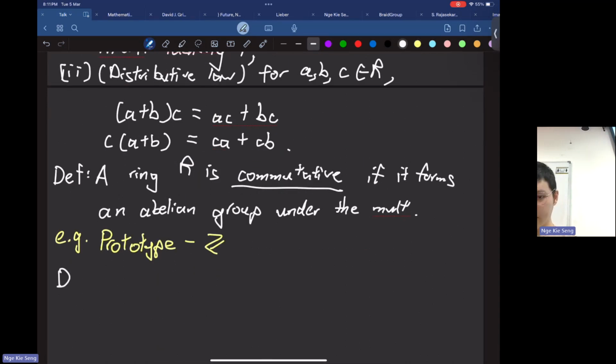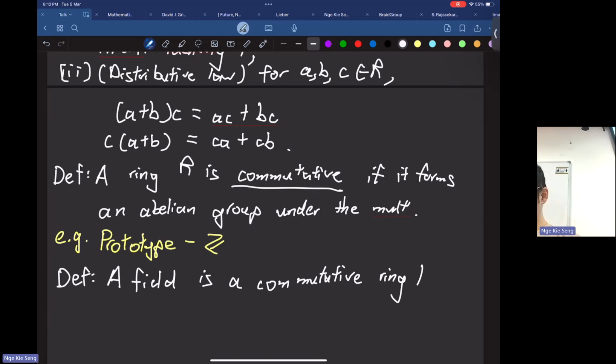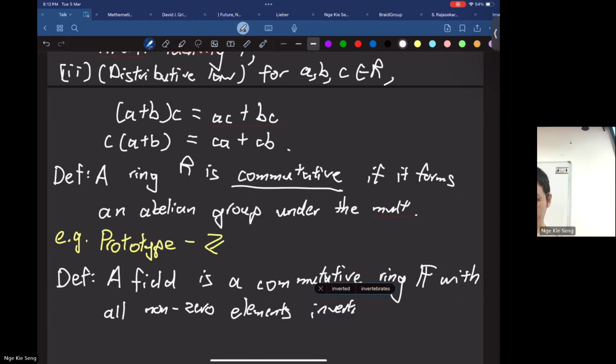So what is a field? A field is a commutative ring. So in our case, we take a commutative ring with all non-zero elements invertible under the multiplication.